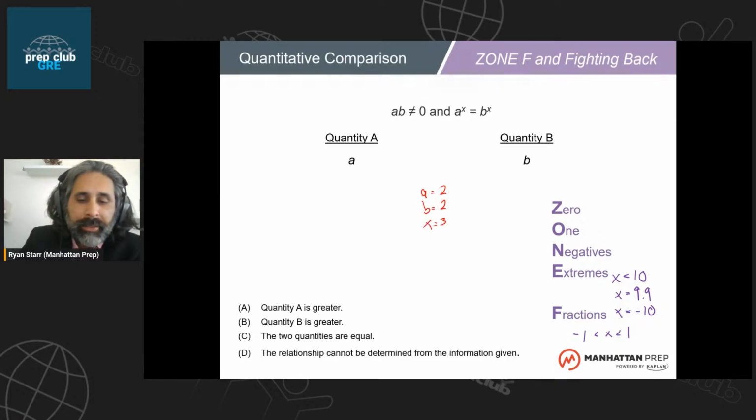That checks out in the situation. 2 to the third does equal 2 to the third, so we've met the constraint. Nothing's equal to 0. Then they're both equal. You got 2, you got 2. And indeed, in terms of answers available to you at that point, that would confirm that A and B are off the table. It's either going to keep being C or D is going to be the answer.